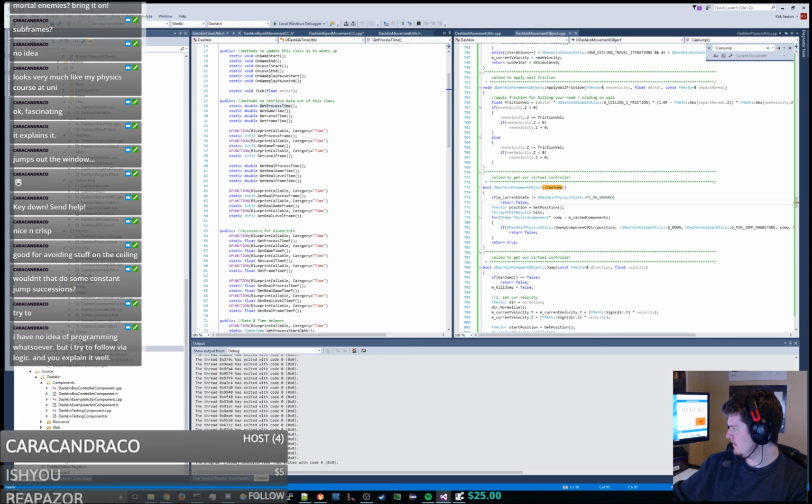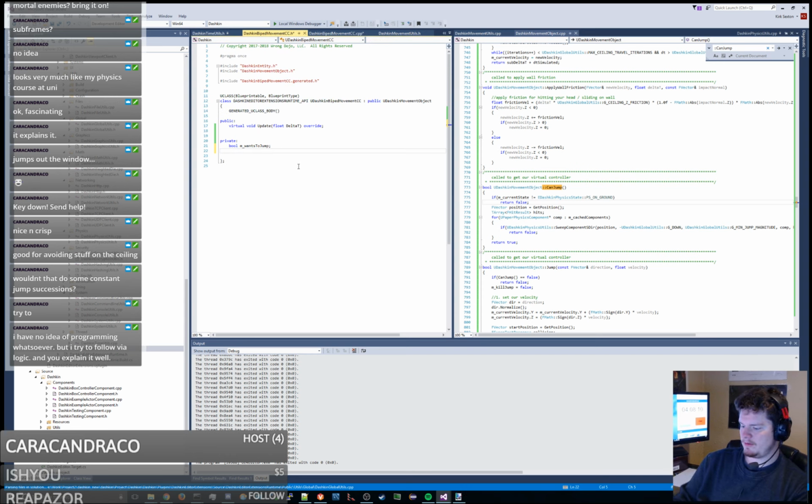We'll do it in a float, so it'll be like jump grace period. That's probably going to be a 0.3f, so 300 milliseconds should do it. And we'll do a jump grace countdown.